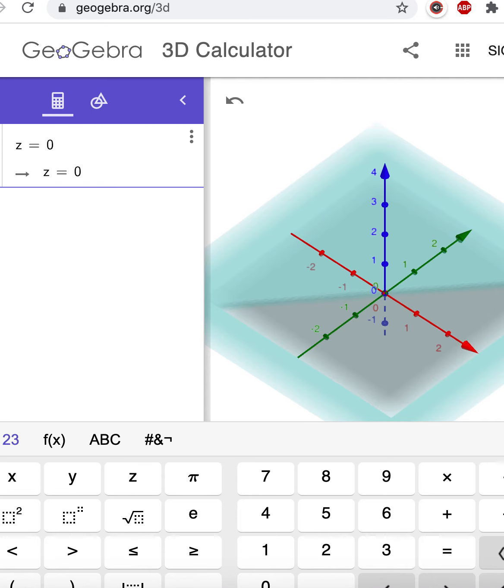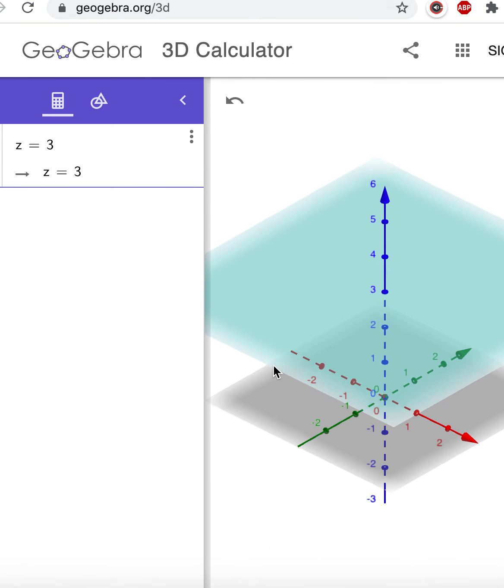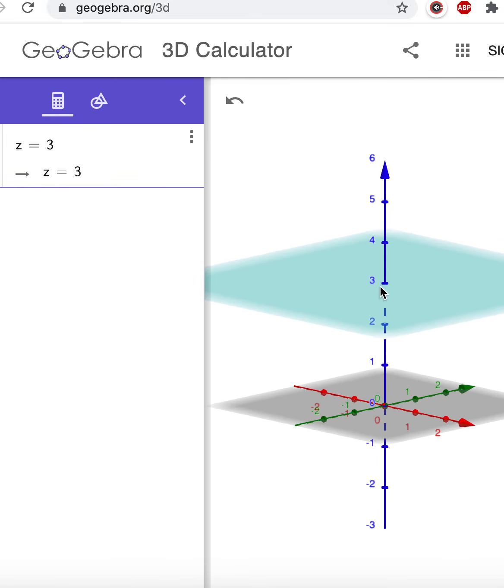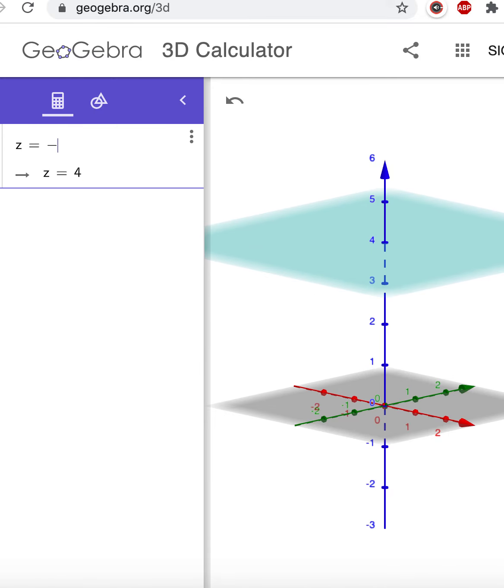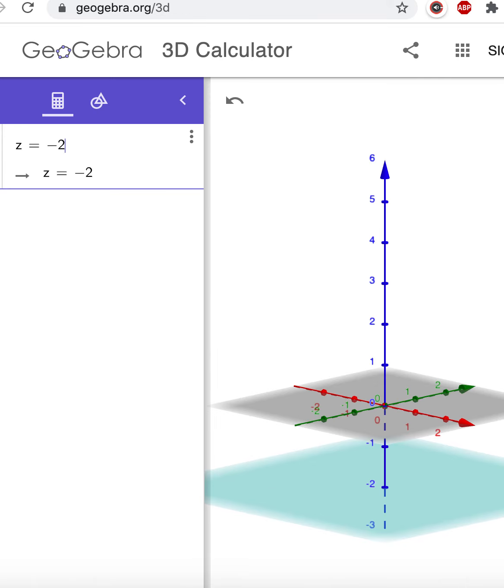We can move it up, and up some more, and even more until we're at a z of 3 up here, and that's where the plane intersects our z-axis. We could go back down to 2, back down to 1, or even up to 4. We can go in the negative direction. These are some of the most basic three-dimensional functions that we can draw.